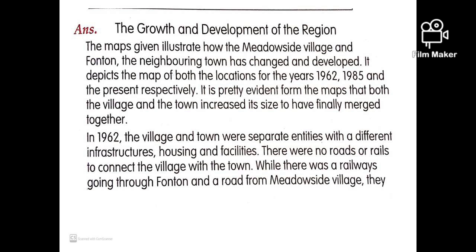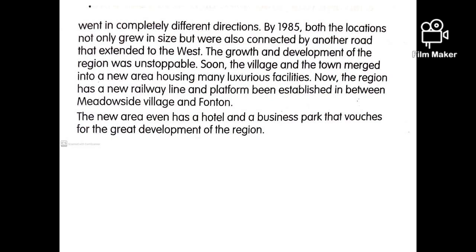You could see it very clearly in the map of 1962. There is no road or anything to connect the village and Fountain town. While there was a railway going through Fountain and a road from Meadowside village, they went in completely different directions. That can be seen very clearly in the first map.